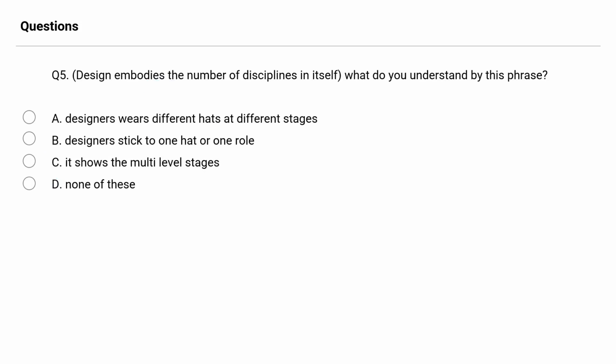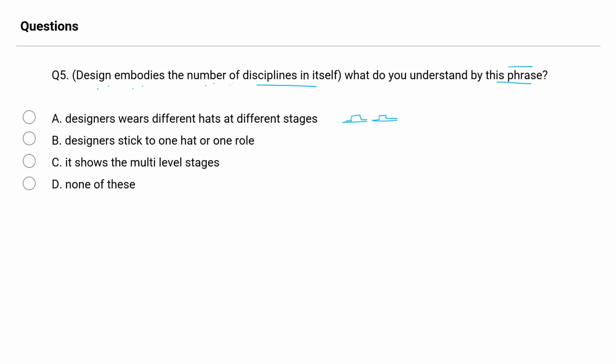Let's come to the fifth question. The question is, design embodies the number of disciplines in itself. What do you understand by this phrase? The options are, designers wear different hats at different stages.